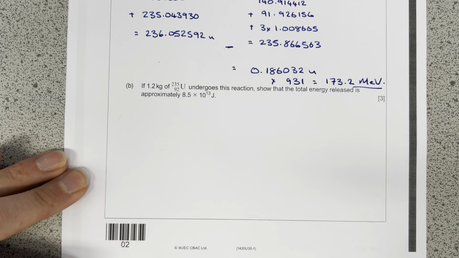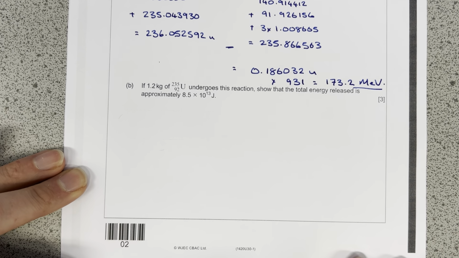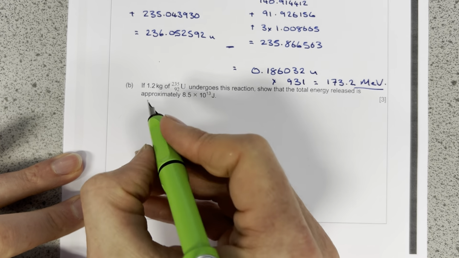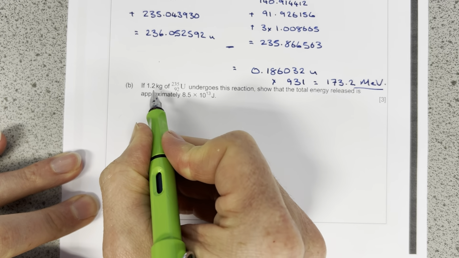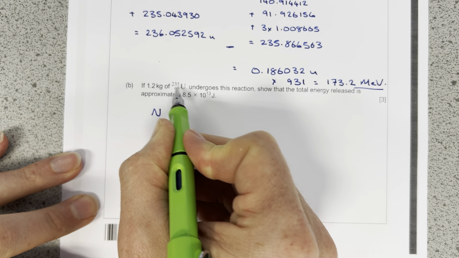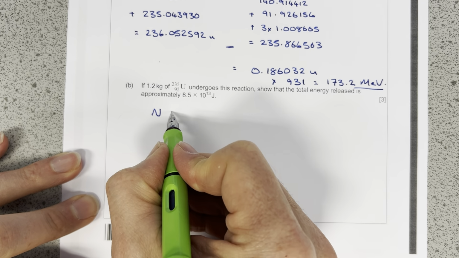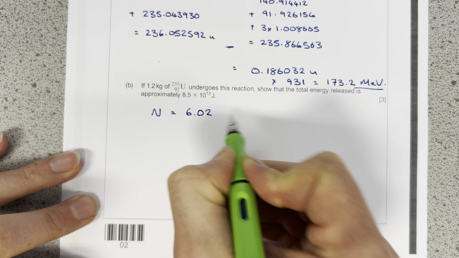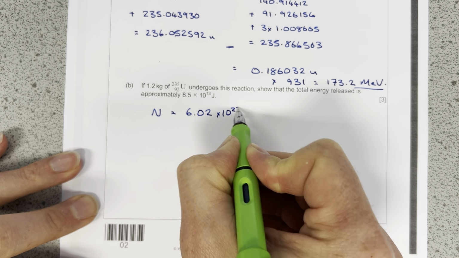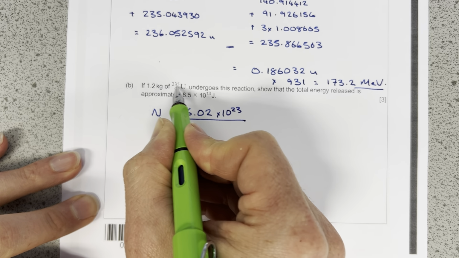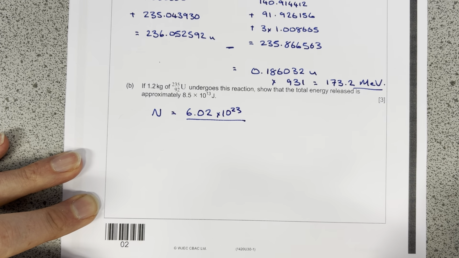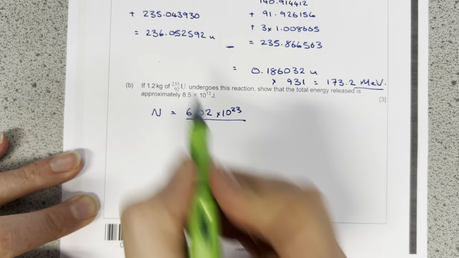Next bit is a little bit trickier. You need to do something that looks a little bit like chemistry here. We need to consider how many nuclei there are. So the number of nuclei in 1.2 kilograms of uranium-235 is going to be equal to Avogadro's number divided by the 235 bit. So that's the mass of 1 uranium, except careful, because that's in grams.